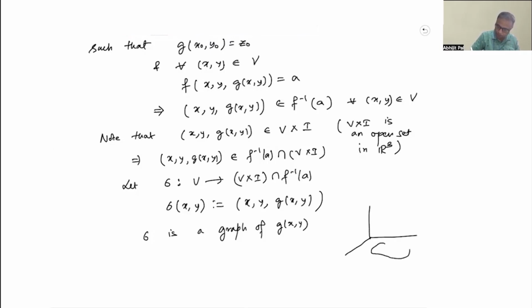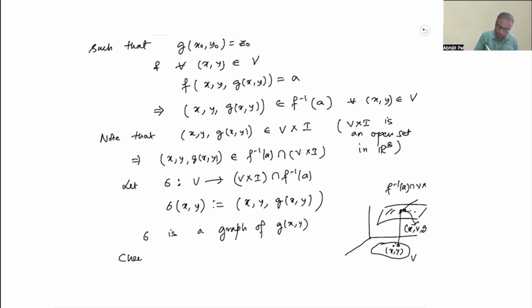Here this is my B, so (x, y) is varying here, and this is my f inverse a intersection B cross I. The coordinates of this point over here are (x, y, G(x, y)).